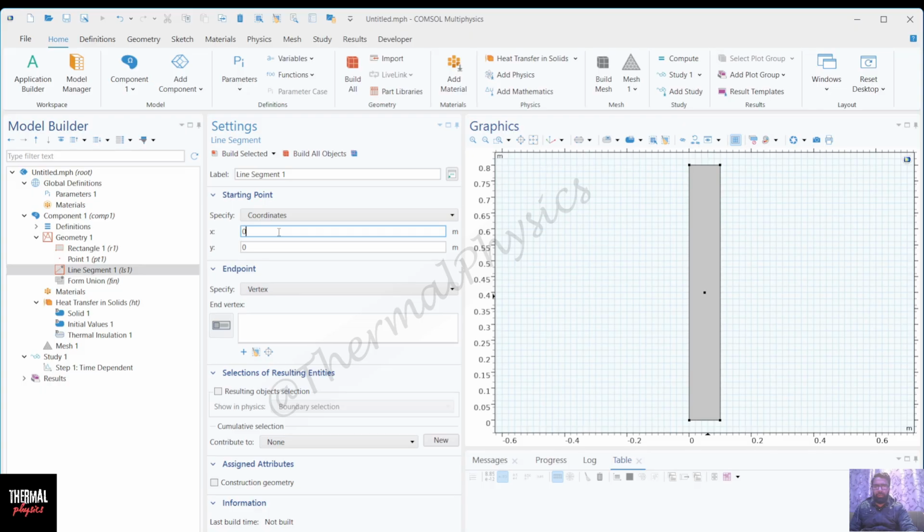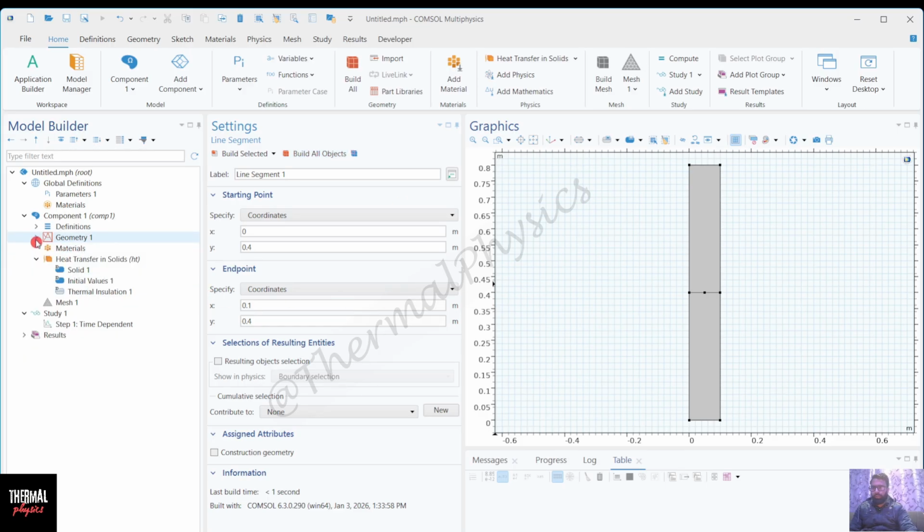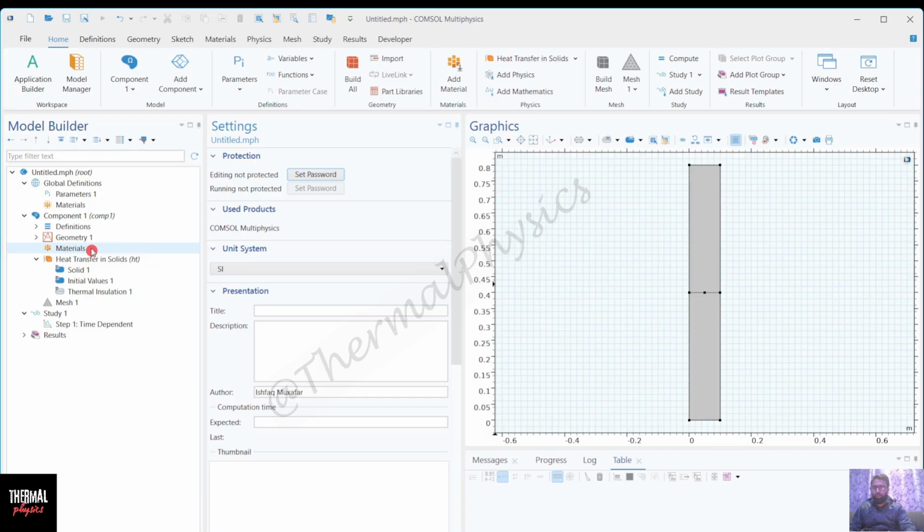So the first coordinate will be at x equal to 0 and y at 0.4, and the second coordinate will be at x equal to 0.1 at the other end and 0.4 again at the same height. So this is our line. Now this is the geometry that we need. Now for material, we are not going to choose the material here; we are going to choose the material from the solid.